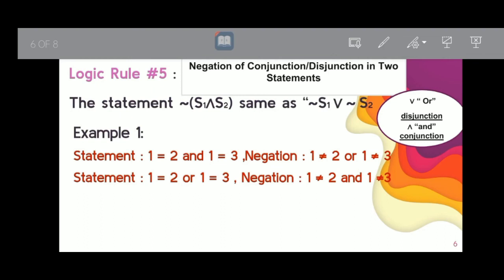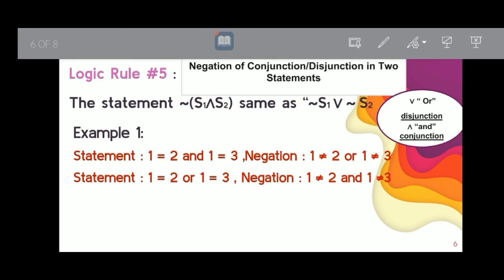In rule number 5, we distribute the negation to the two statements, considering they are separate statements, unlike implications, where the statements are connected by a condition.